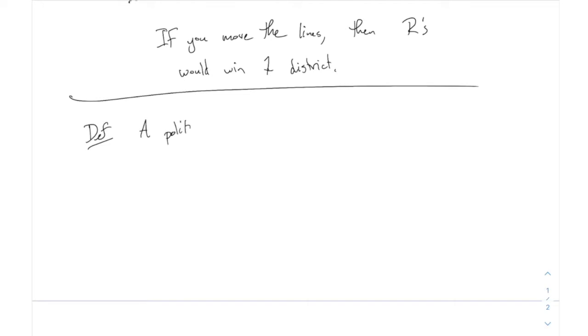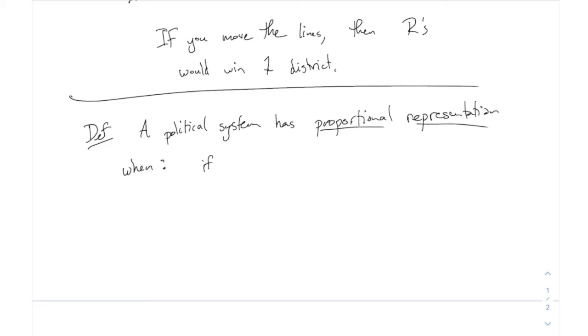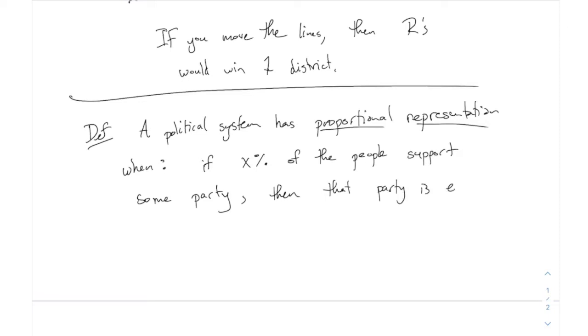A political system has proportional representation when it means something like, if X% of the people support some political party, I'm discussing it in terms of parties, you can say this without mentioning parties, but if X% of the people support some party, then that party is elected approximately X% of the time.